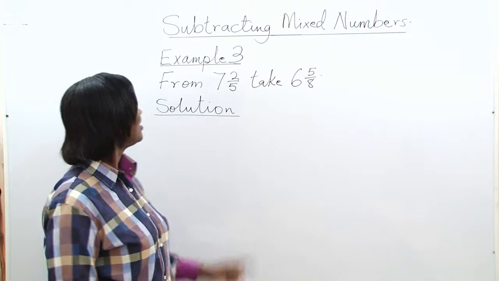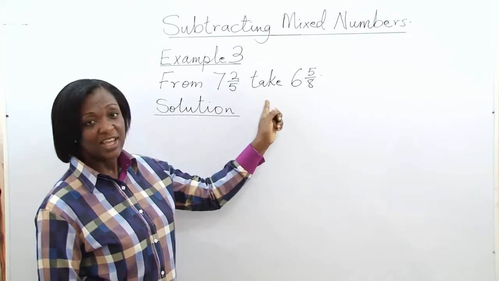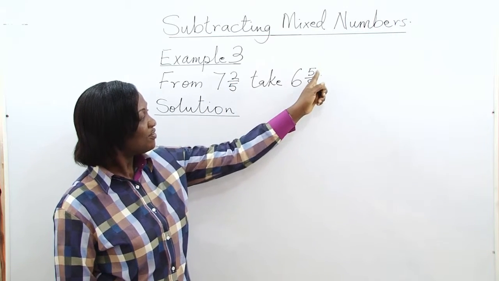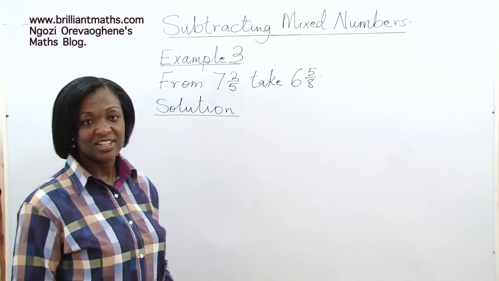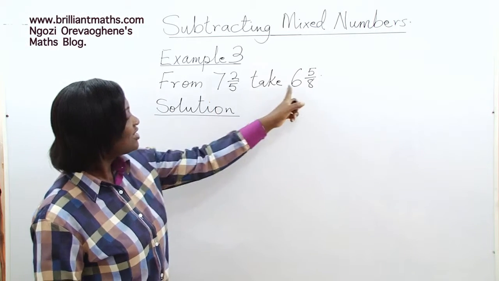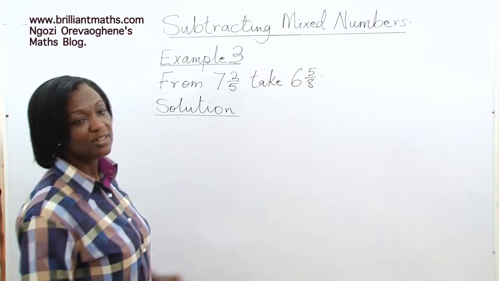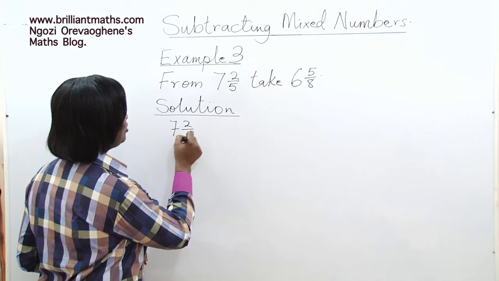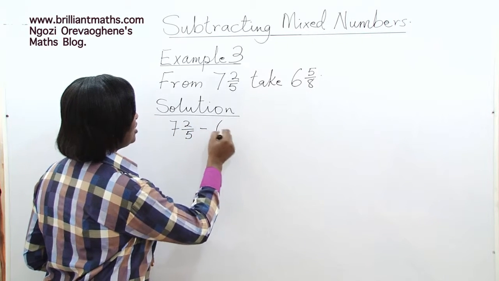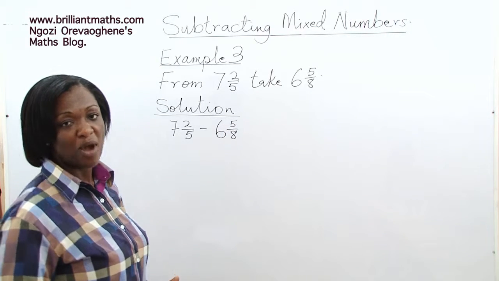Example 3. From 7 2/5, take 6 5/8. The actual question is subtract 6 whole number 5 over 8 from 7 2/5. So we'll write the question again. 7 2/5 minus 6 5/8. Step number 1.